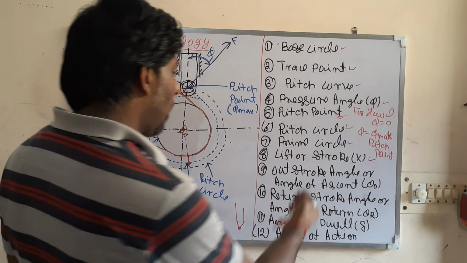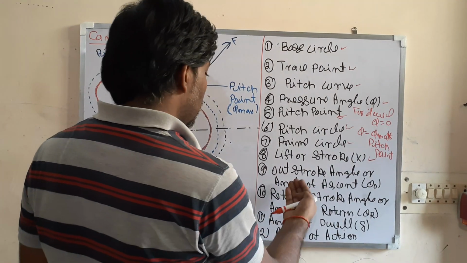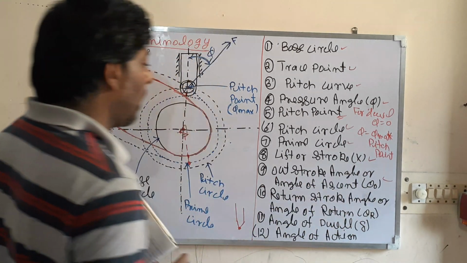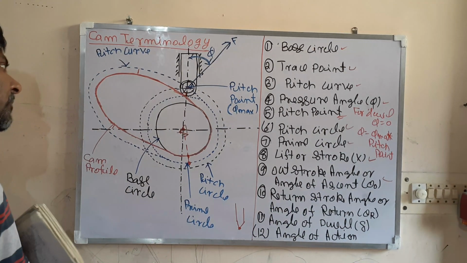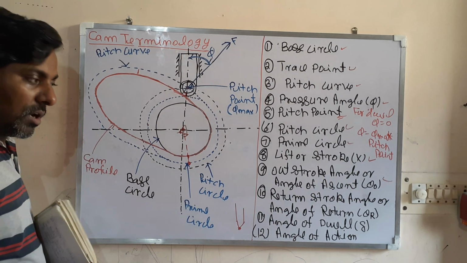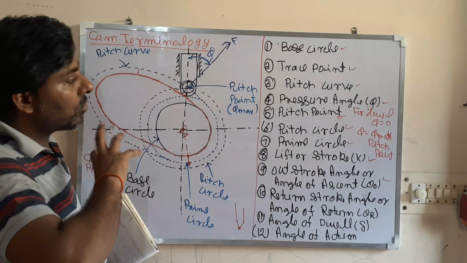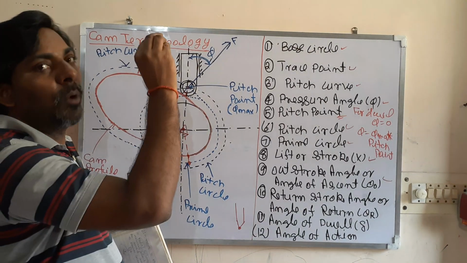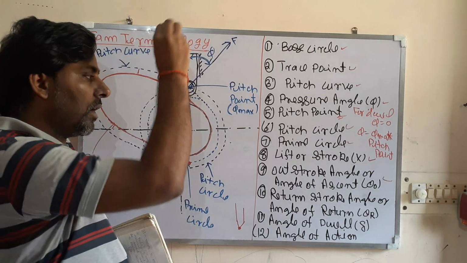Now, what is the outstroke angle or angle of ascent? Suppose your cam is rotating and the follower starts moving upward.